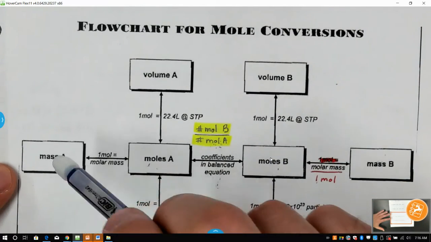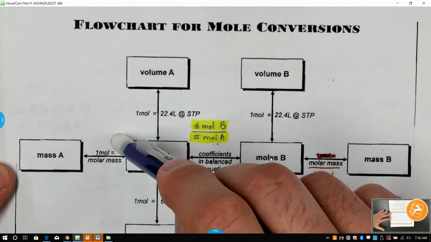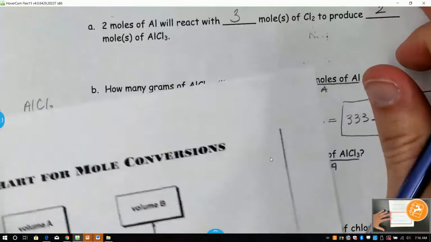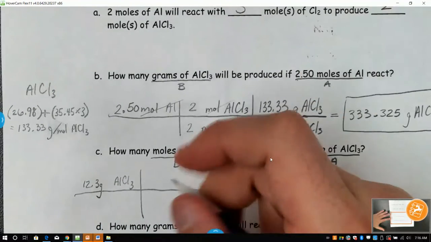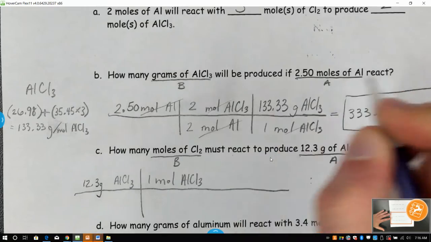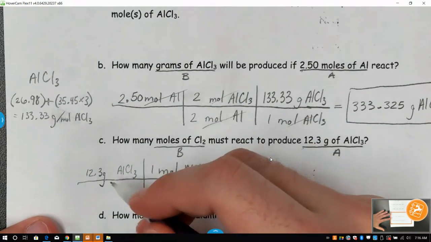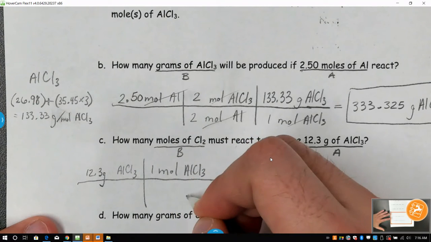Now, to go from here to here, we're going to need 1 mole of A on top and the molar mass on bottom. So we're going to write 1 mole of aluminum chloride, because we need to get out of grams. Since grams are on top, we have to have grams on bottom.